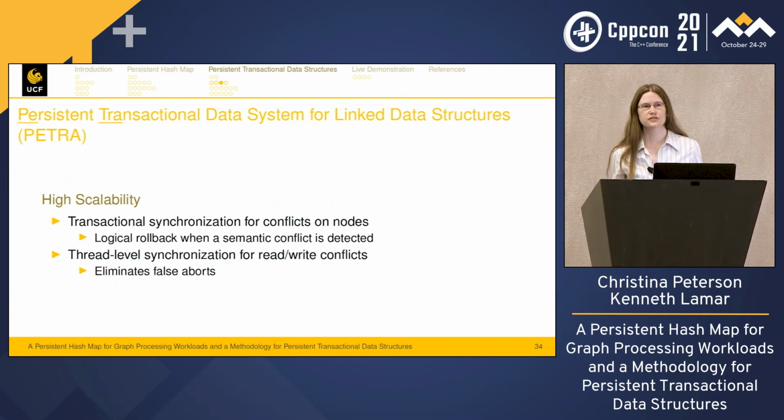This eliminates false aborts, so we get higher throughput because we get more committed transactions. Another optimization that we do is a logical rollback. We don't need to revert back to the correct state after an abort, because what we do is an interpretation of the correct abstract state, and then we can make decisions based on that interpretation without the expensive physical rollback.